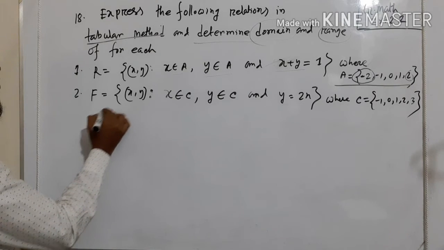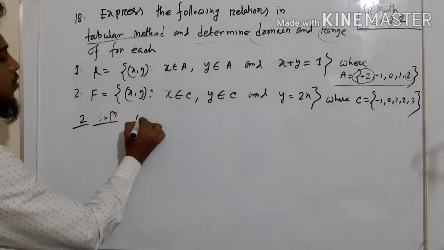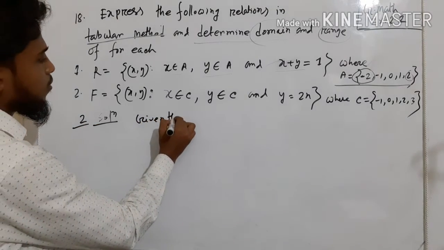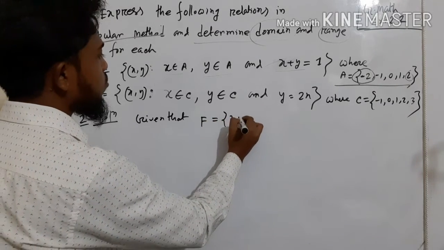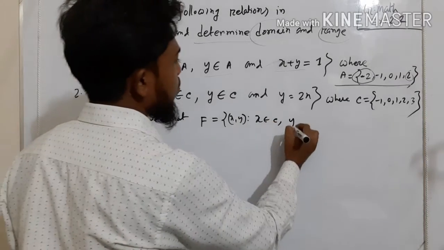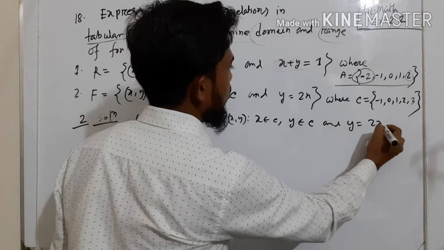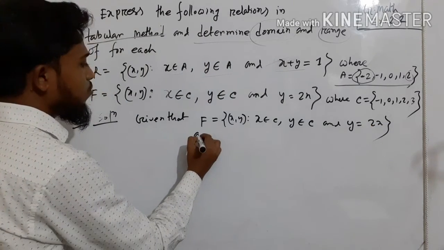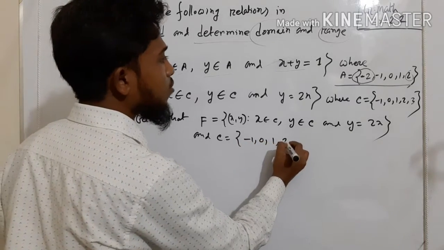Here given that f equal to {(x, y) such that x is in C, y is in C}, and our condition y equal to 2x, and C equal to {-1, 0, 1, 2, 3}.